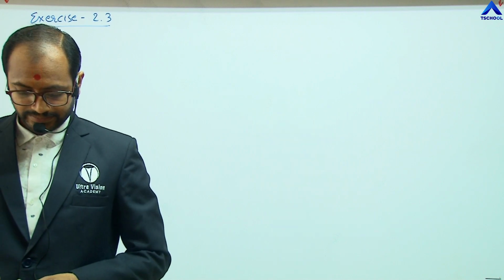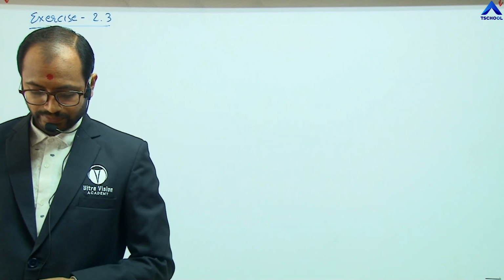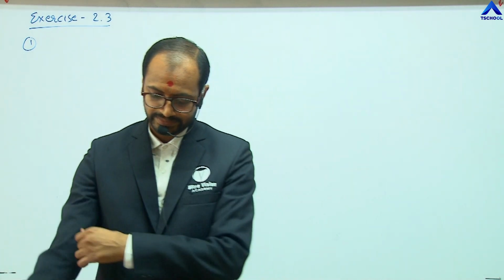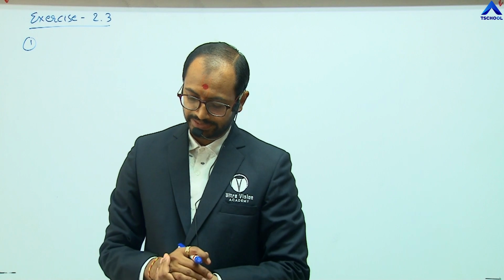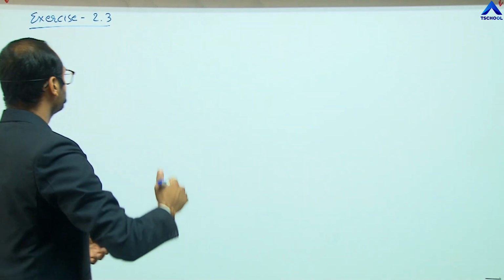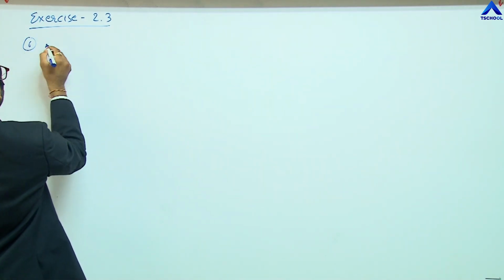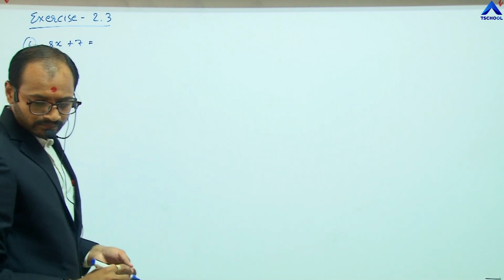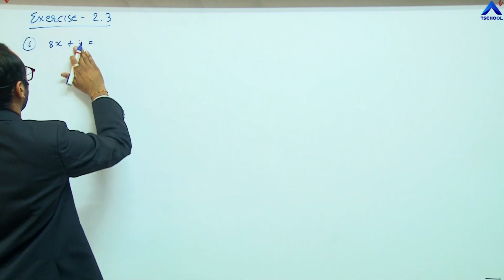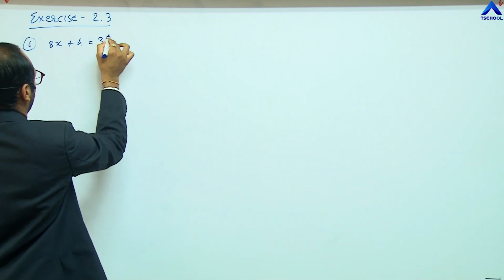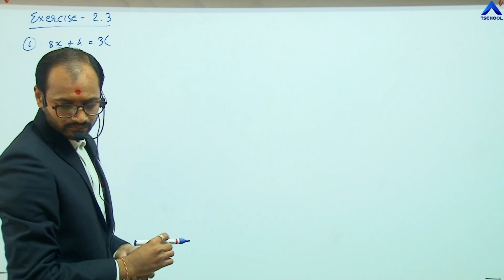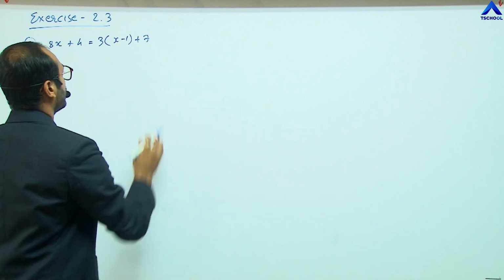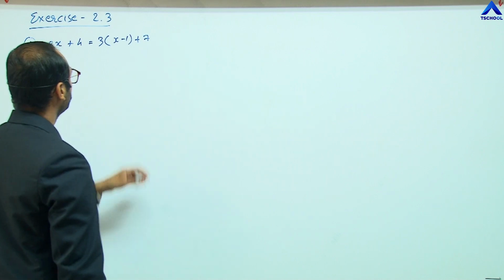Question number 6. 8x plus 4 equals 3 times x minus 1 plus 7. Let me simplify this. Clear? This is the question.